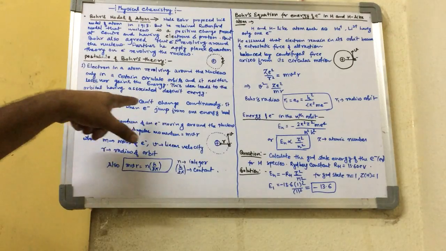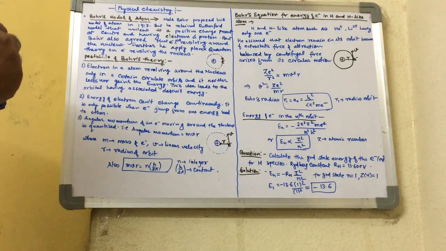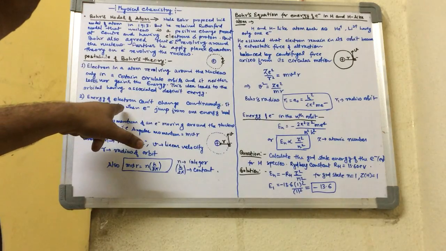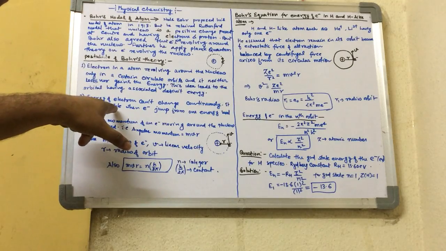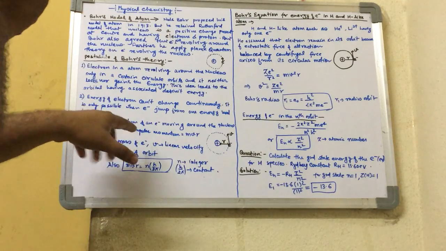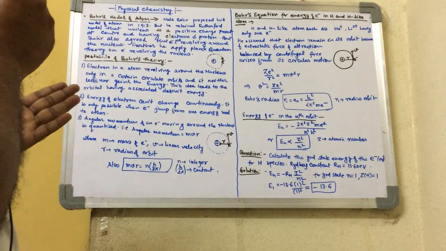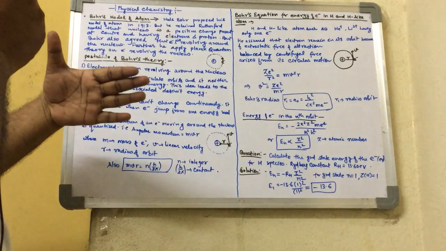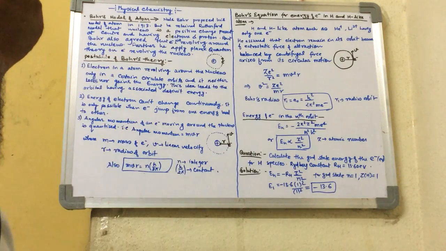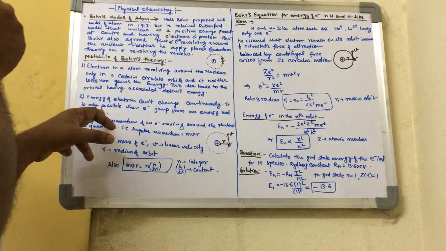The statement is a little bit confusing, but I am telling you, energy will not change continuously, and this is possible when an electron jumps from one energy level to another energy level.